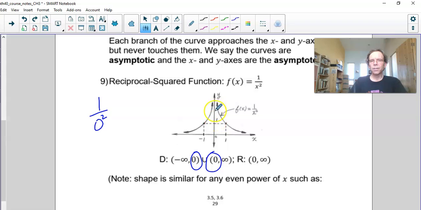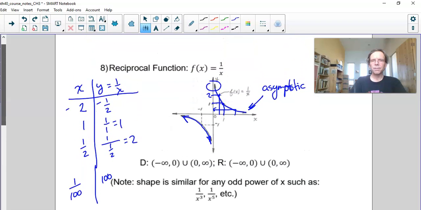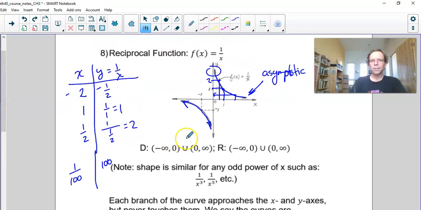The range, you'll never get 0, but it can go to infinity. And that other graph, sort of similar. The domain doesn't include 0 because you'd have 1 over 0 is undefined, right? Undefined. Not writing very well there, but you get the idea.